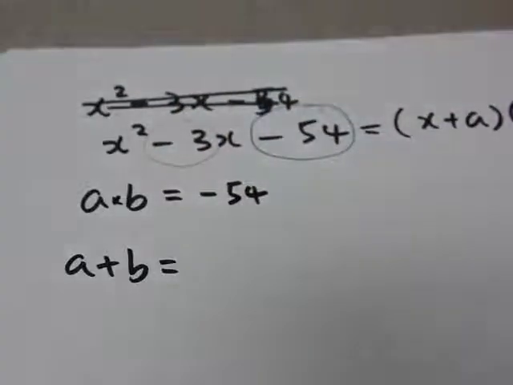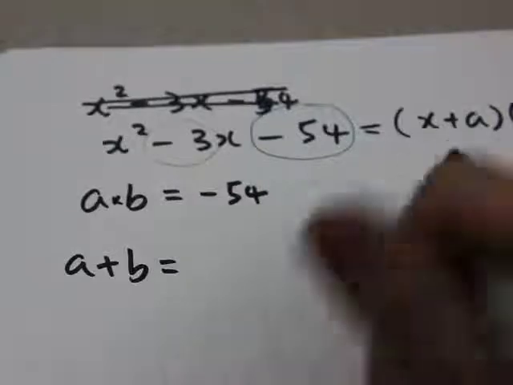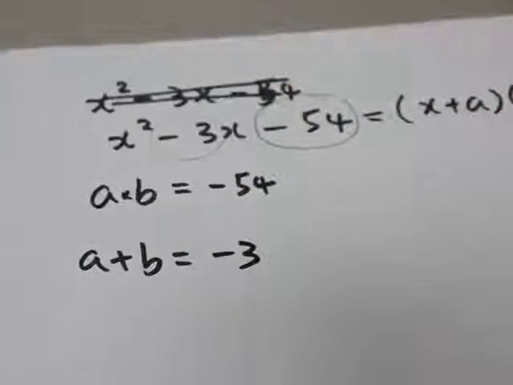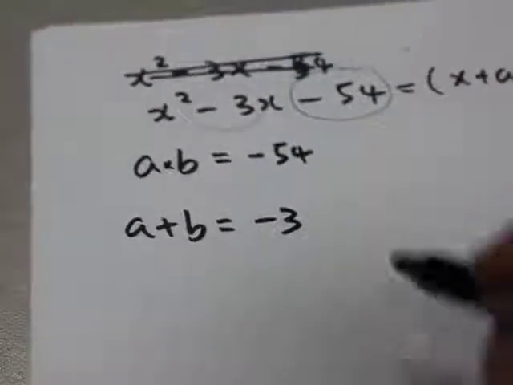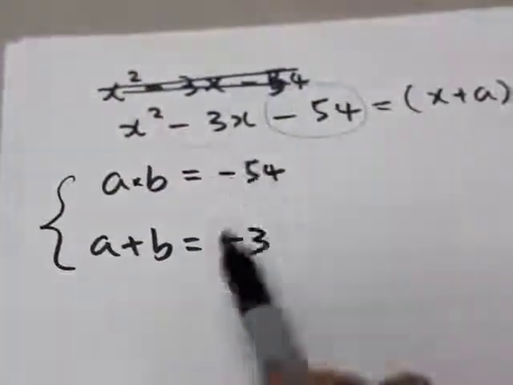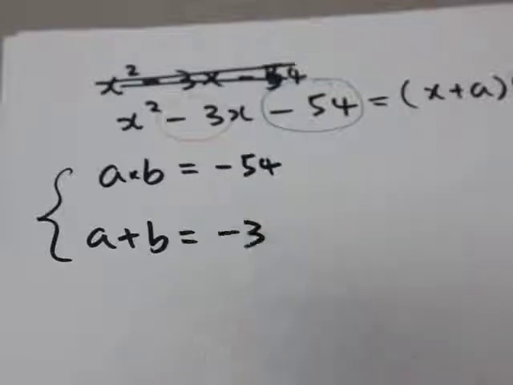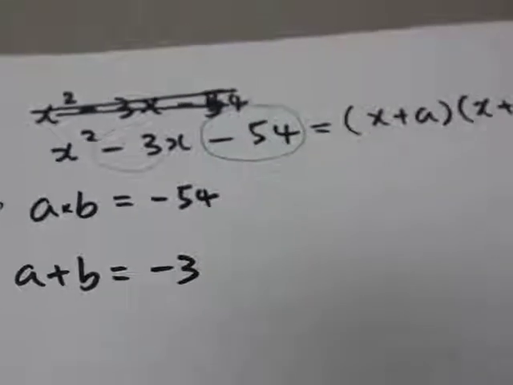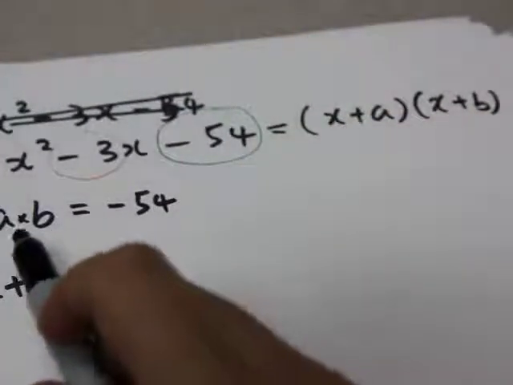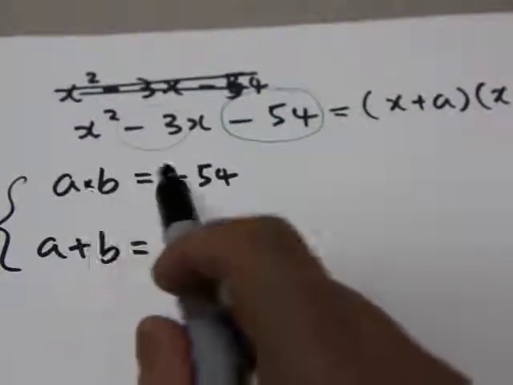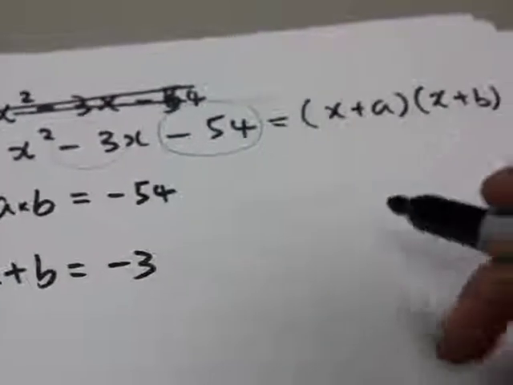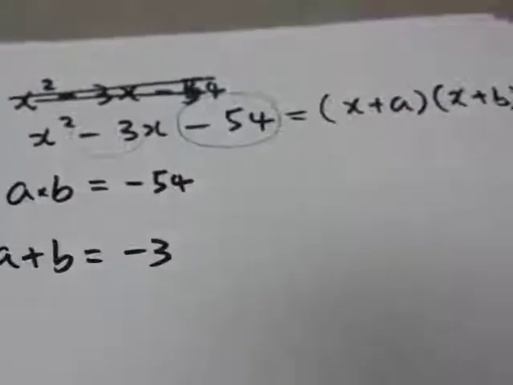It's the number in front of the x. You also need to include the sign, so that's negative 3. And then we are going to search for a and b from these two conditions.